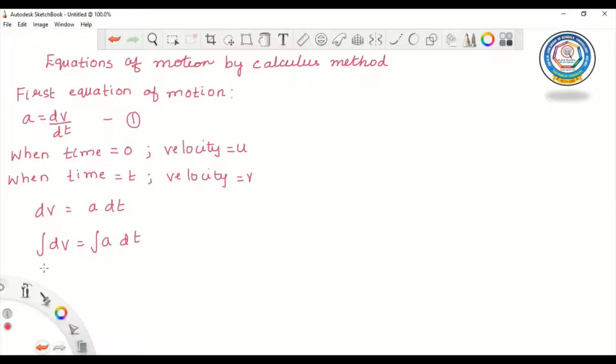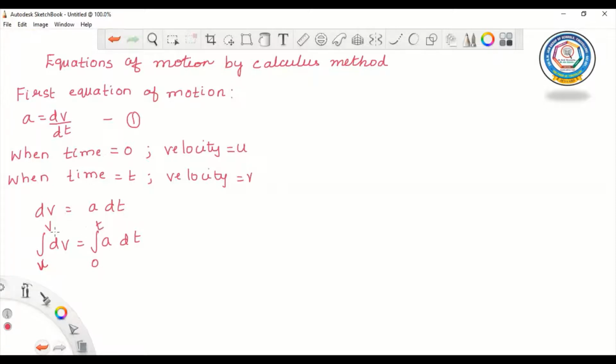So here the limits are u and v. So the lower limit will be u and upper limit is v. Here the limits are 0 and t. So when time t is equal to 0, velocity is u.